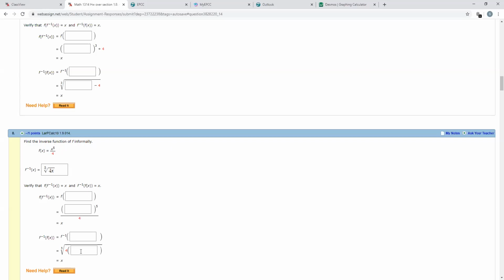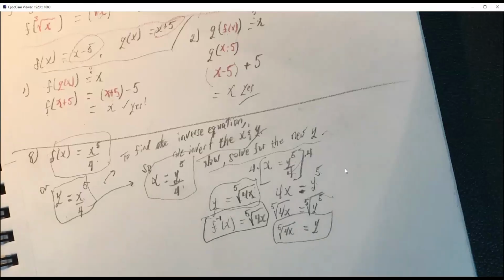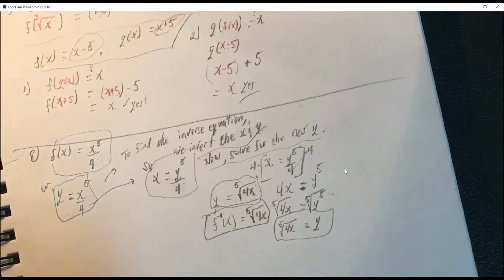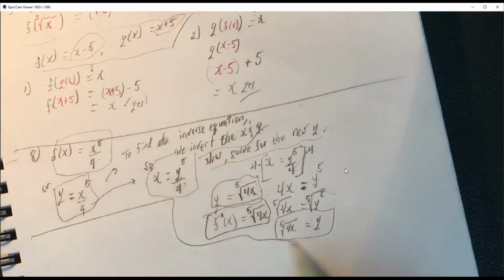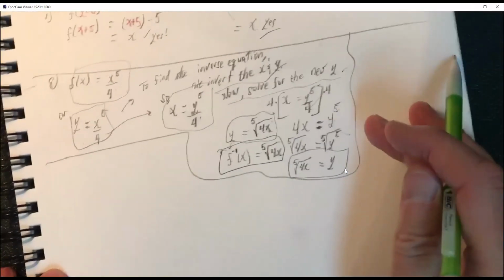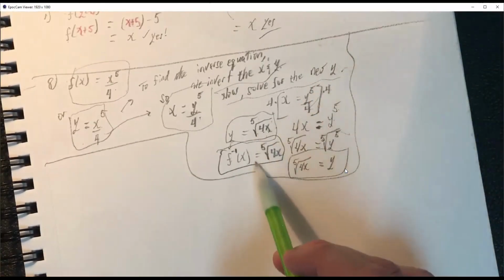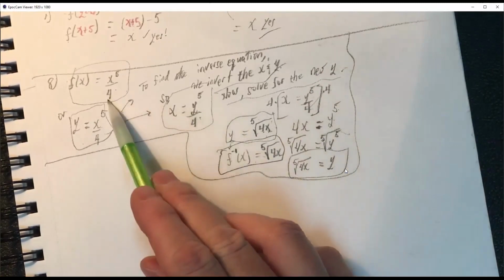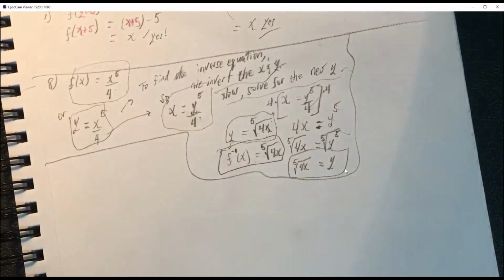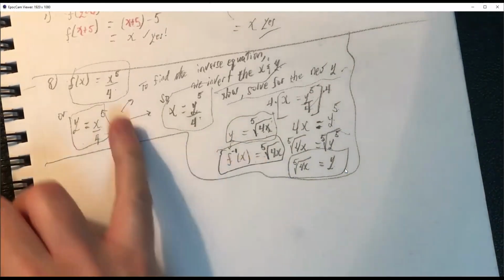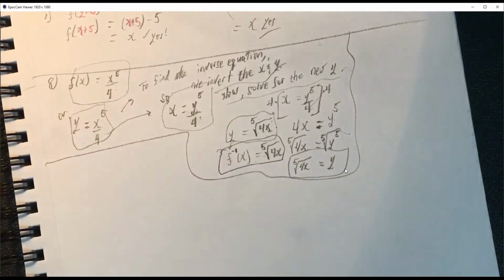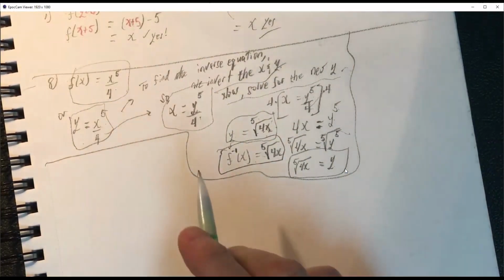Now we have to check this. So going back, which is the composition, now we check. By the way, it kind of seems redundant because we already showed that this is the inverse of this. Now they're asking us to confirm that this and this are inverses by using the composition definition or idea.